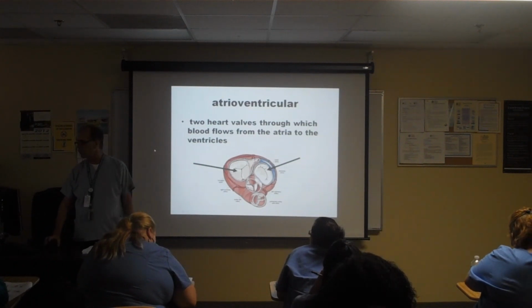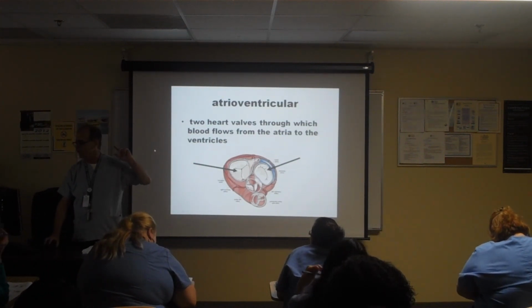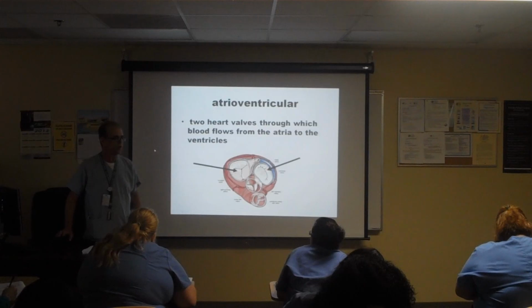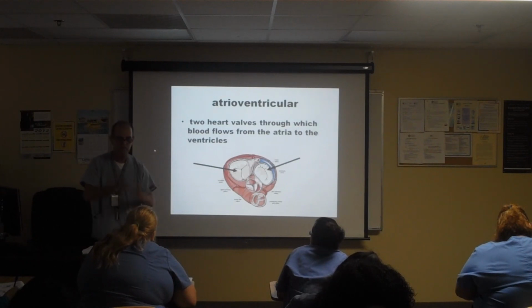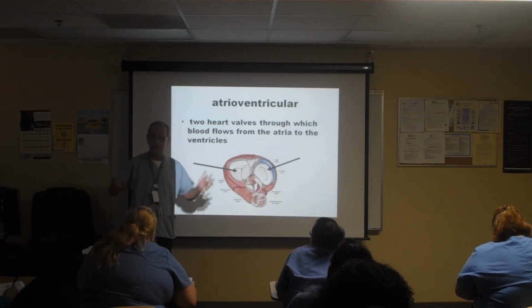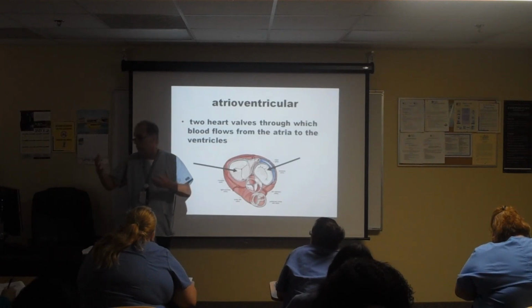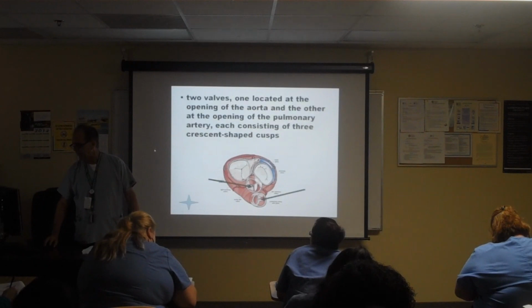Two heart valves through which blood flows from the atria to the ventricles. What is the most important? Mitral, because in the heart the left side is always more important than the right side. That does not mean that there are no diseases of the right side. The most important diseases, on the contrary, are on the left side.